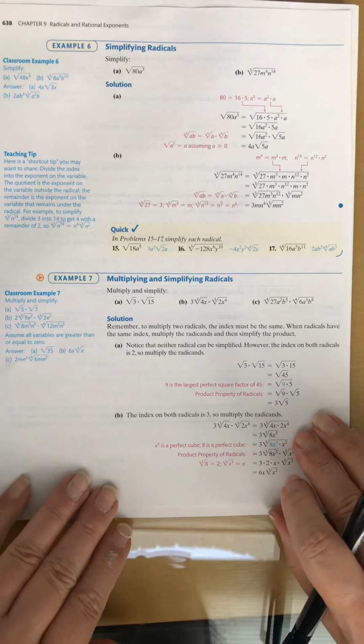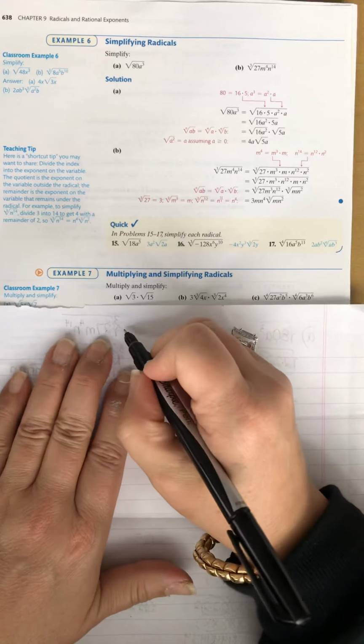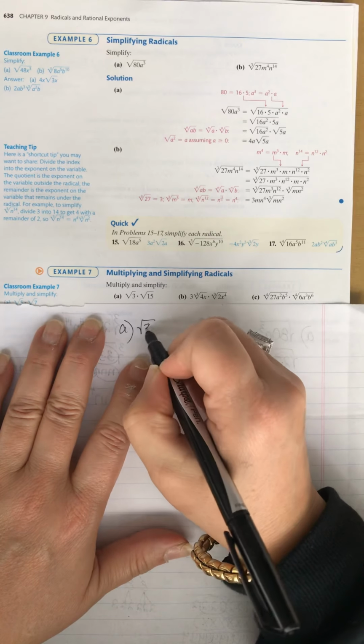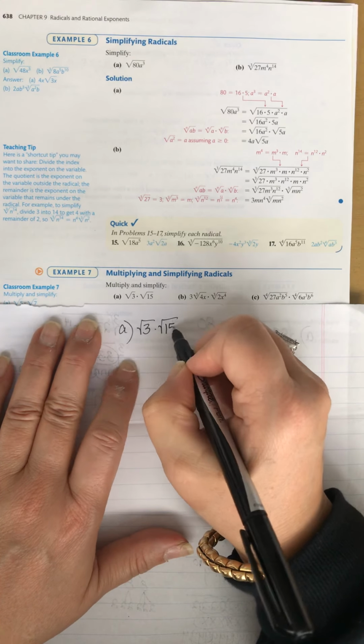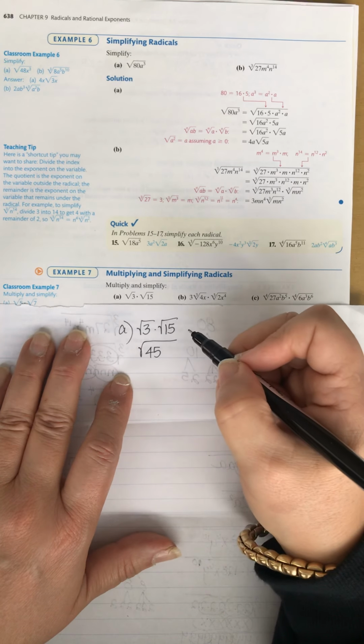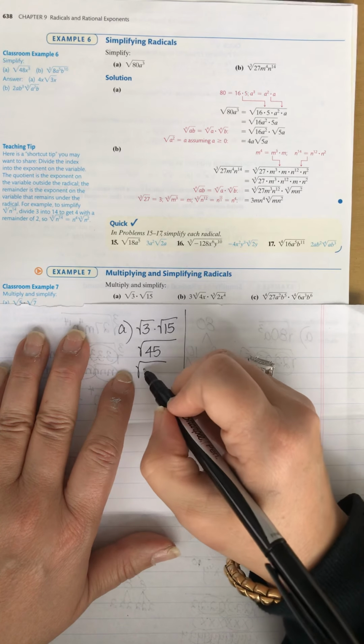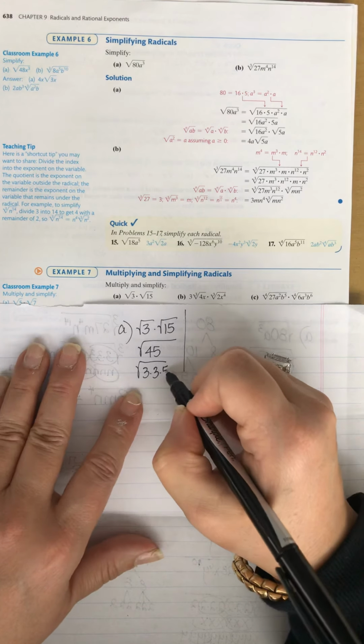Example 7. We are now going to mix these by multiplying. For a, square root of 3 times square root of 15 is really square root of 45. Now you've got to simplify this. This is 3 times 3 times 5.